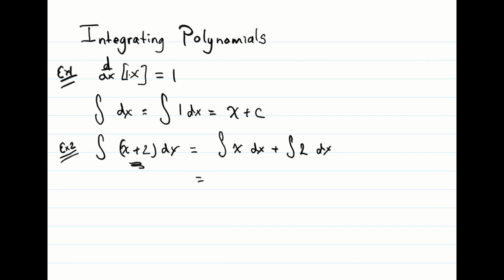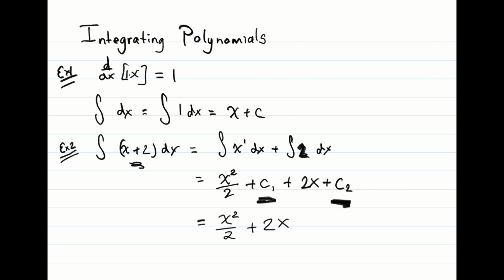All right, the integral of x is, well, remember this is x to the first power. We need to go up a power, x to the second over 2 plus c1, plus, what is the integral of 2? Well, 2 came from 2x plus c2, right? Another constant. All right, so here we can rearrange, and this is actually equal to x to the second power over 2 plus 2x plus c1 plus c2.